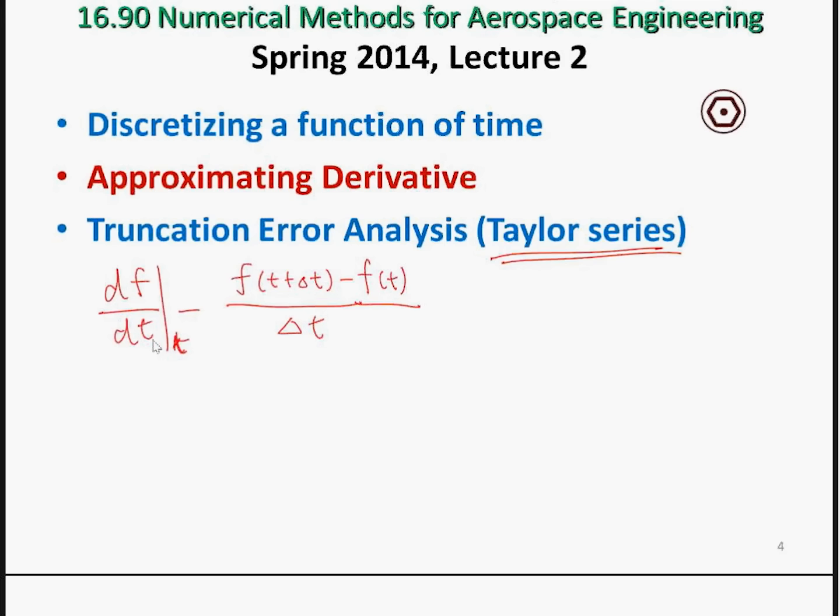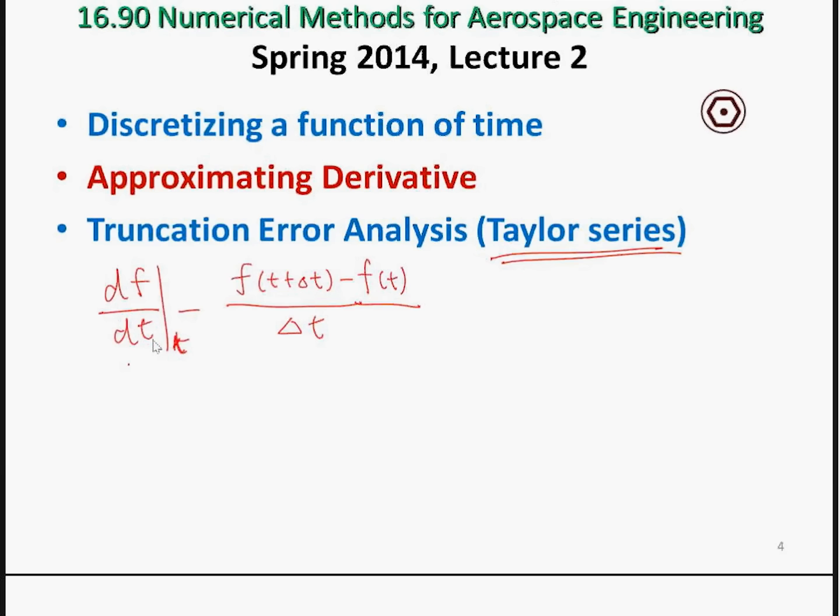Looking at the formula, we have three things: the derivative at t, the function value at t plus delta t, and the function value at t. We have two points. At one point, t, we have the derivative and the value. At the other point, t plus delta t, we just have the value.